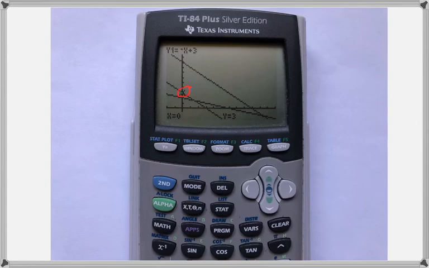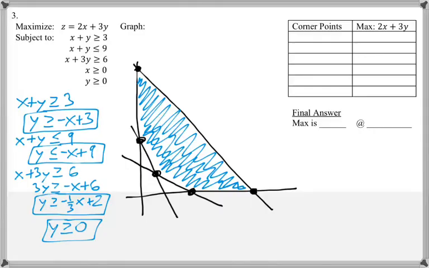and 0, 3. Now that we've found all of our corner points, we can label them on our graph. So this was 0, 9, 9, 0, 6, 0, 1.5, 1.5, and then 0, 3.